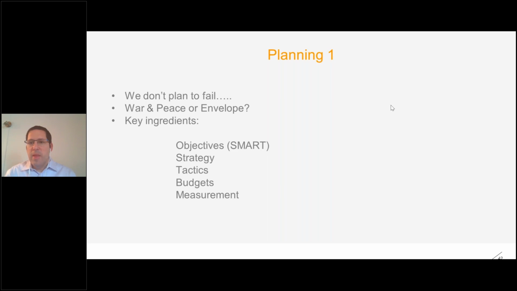because sometimes it's worth restating them. So within any plan, there needs to be an objective, and I put SMART in brackets, which is simple, measurable, achievable, realistic, and timely.